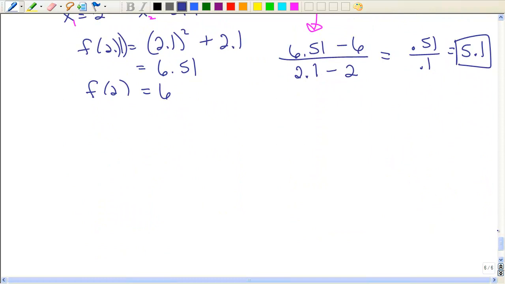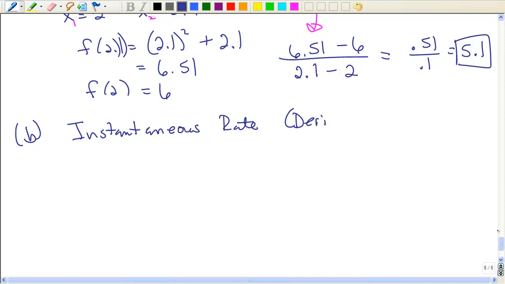All right, so on part B, it asks us to find the instantaneous rate of change. That is the derivative, and they want the instantaneous rate of change at x equals 2.